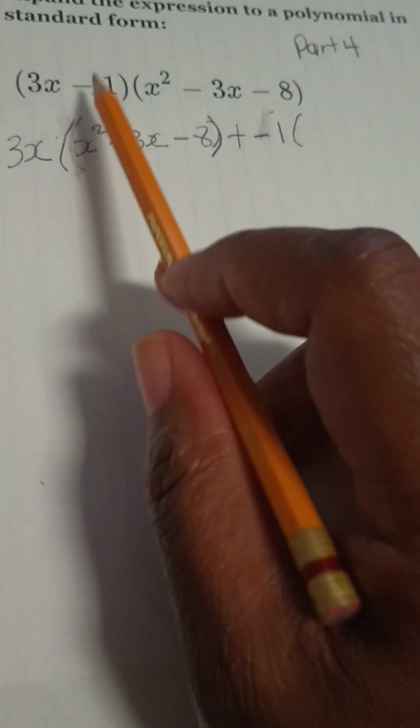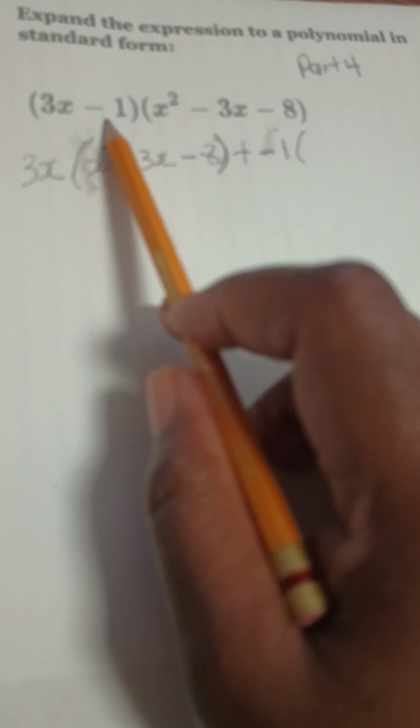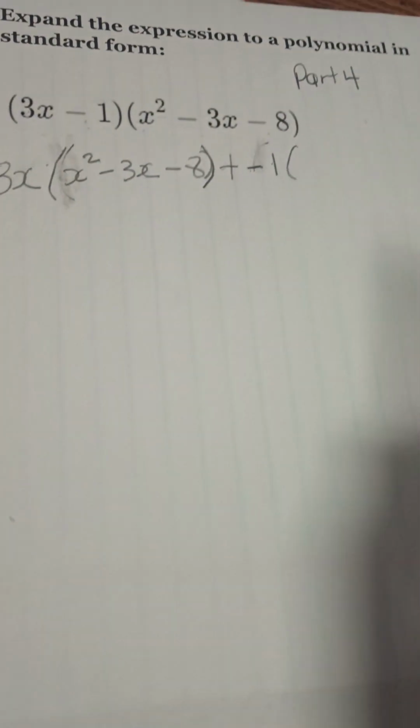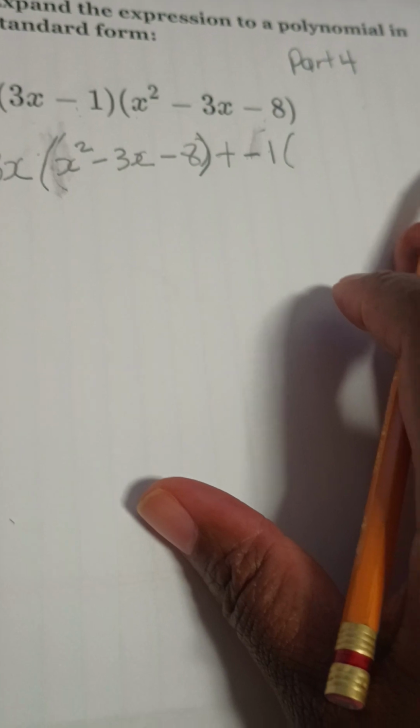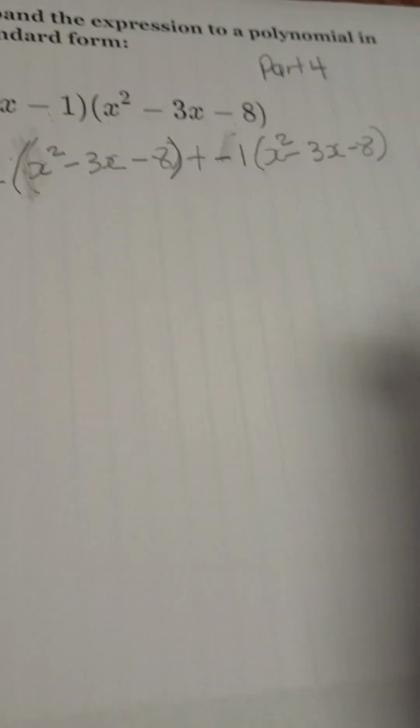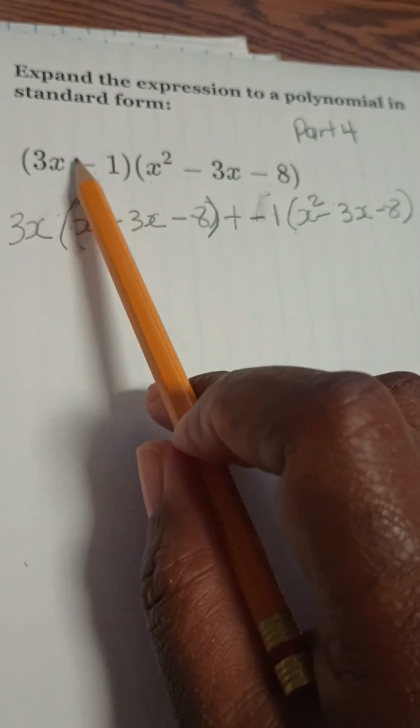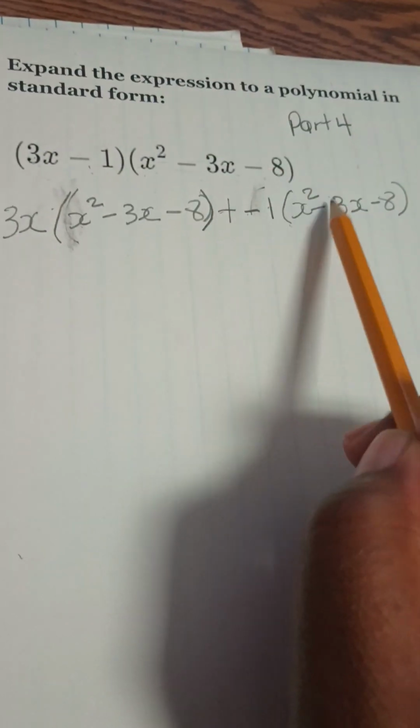I could put only the negative outside of the parentheses, but since I have the -1, I do not want to confuse anyone, so I'm going to leave it as a -1. And then I'm going to repeat my trinomial here: x squared minus 3x minus 8. So all I did is break it apart.